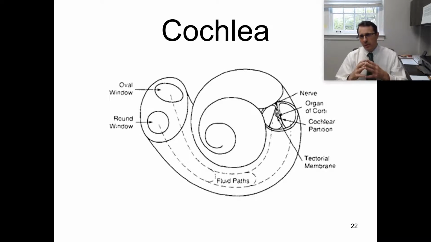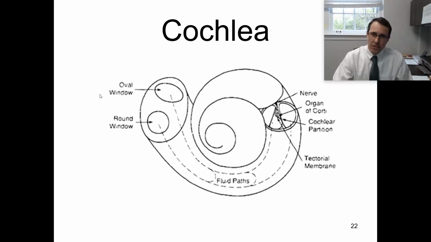So if the cochlea is the primary structure of hearing, then within the cochlea, the part that houses the hair cells is the primary part responsible for hearing, and that is known as the organ of Corti.